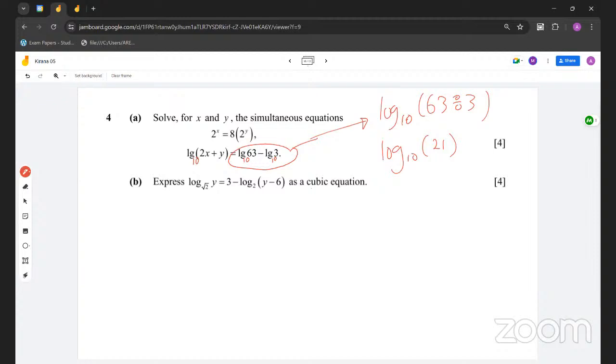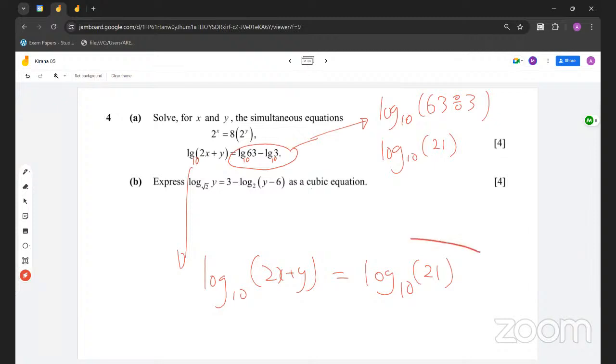Now, I want to explain why this is a good thing. Let me rewrite down. On the left, I have logarithm base 10 to x plus y. On the right, I have reduced the number of logarithms into 1. Do you know why this is a very good situation?